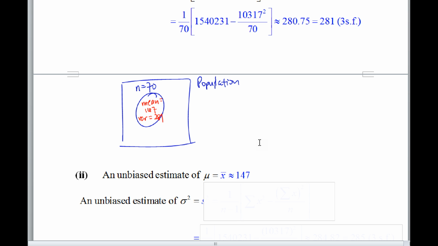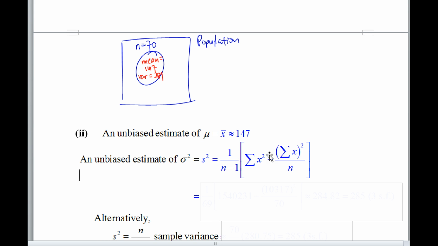What about an unbiased estimate of the variance? As long as you see unbiased, as you want to know the population variance, you have to use S squared, which is given in MF15.